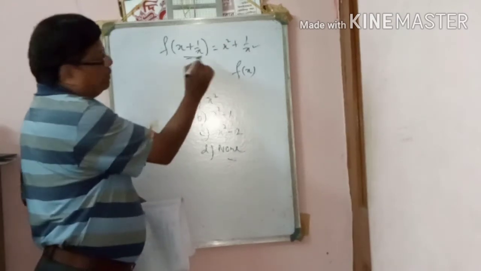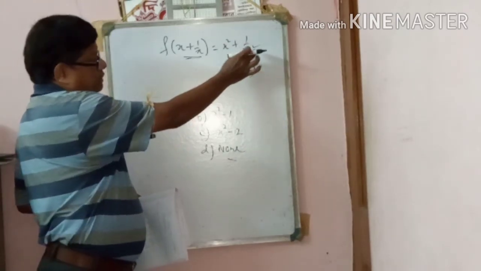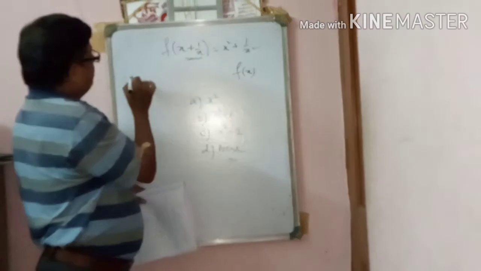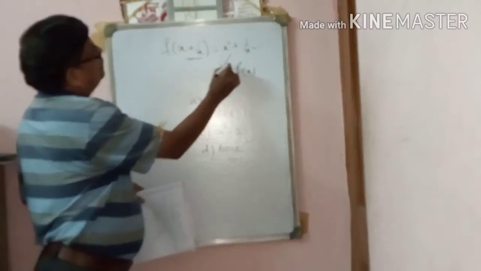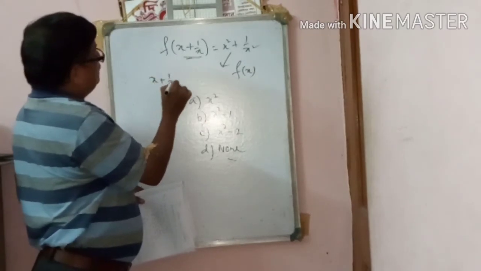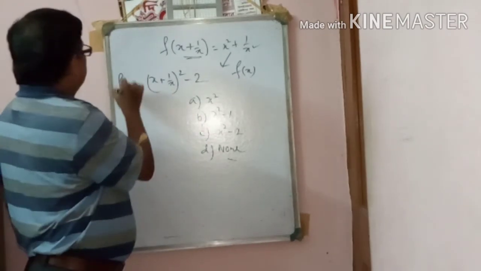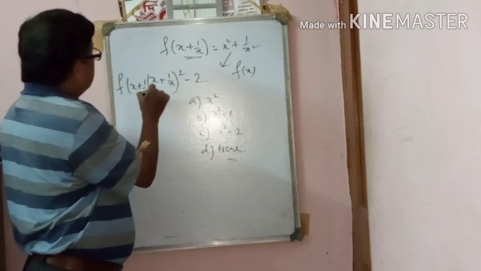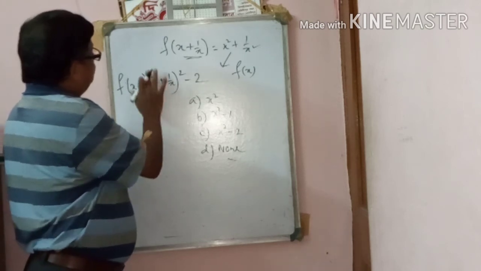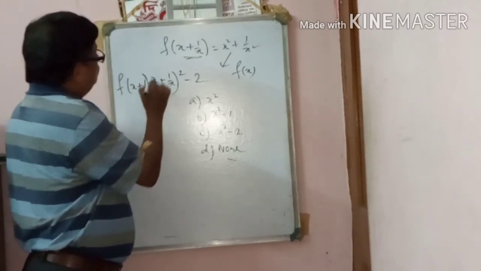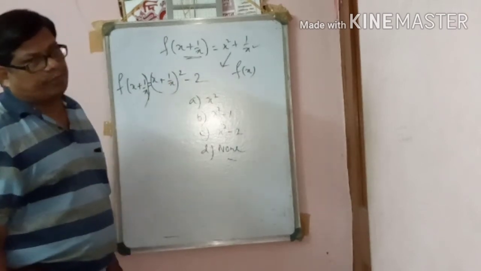So x plus 1 by x, here x square plus 1 by x square is given. So you can write this part as x plus 1 by x whole square minus 2.